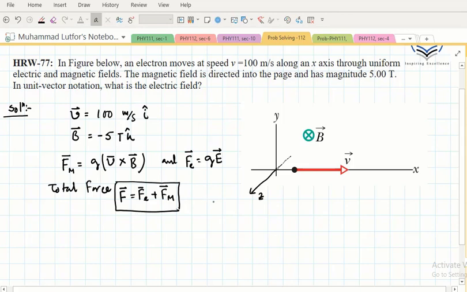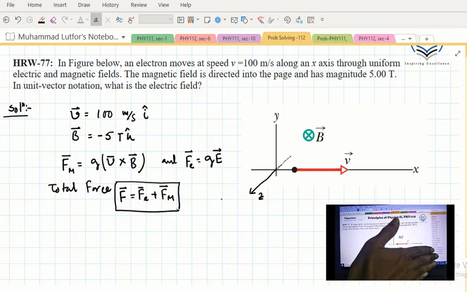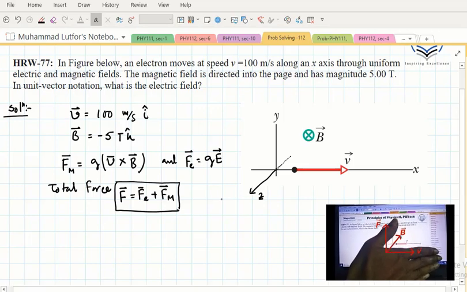To find the direction of the magnetic force, we are going to use the right hand rule. You put your forefinger towards the first vector, which is the velocity v of the electron, and place your palm in the direction of the second vector, which is the magnetic field. If you closely observe in the inset, I put my forefinger in the direction of the velocity and my palm in the direction of the magnetic field, which is into the screen.